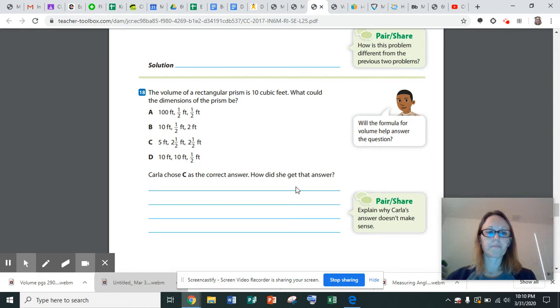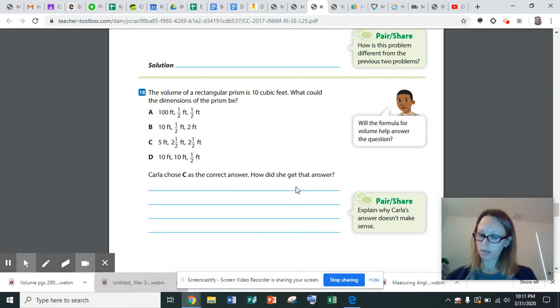If you multiplied, she chose C, and they want to know how she got that answer. You'd have to multiply each one of these out to see if you got 10, because you'd have 100 times 1/2 times 1/2.